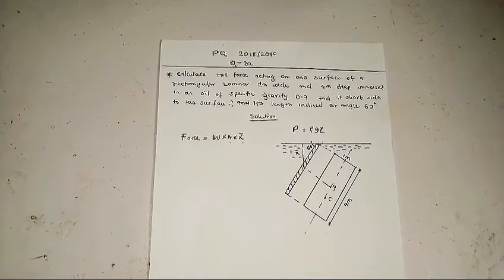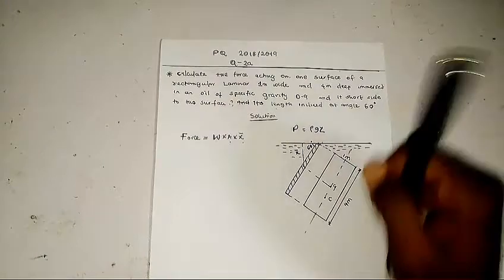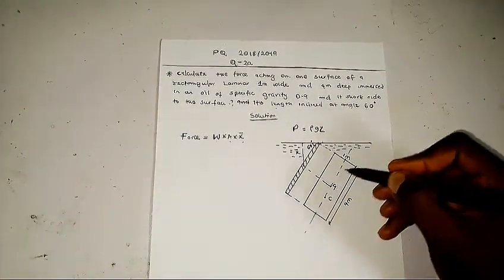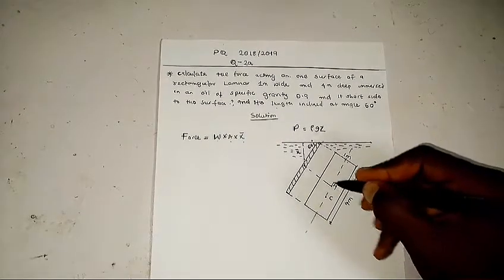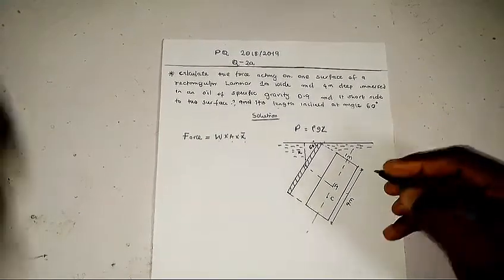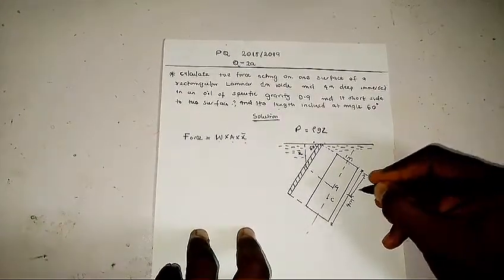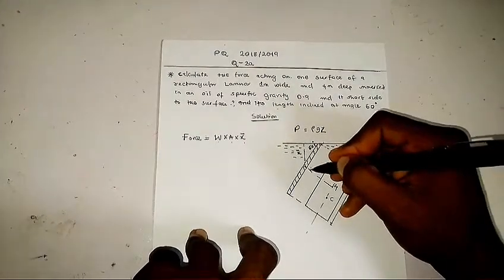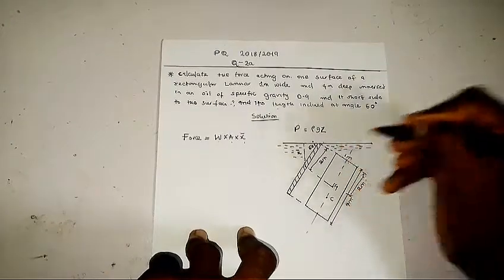So now, let's solve. Looking at this particular depth of the liquid, from here to here, since it's acting at the center of gravity, half of this is what? Half of this can be, I can call it, 2 meters, right? Now, tracing it up from here to here is also 2 meters.